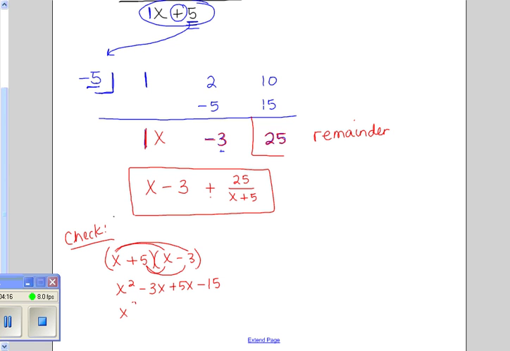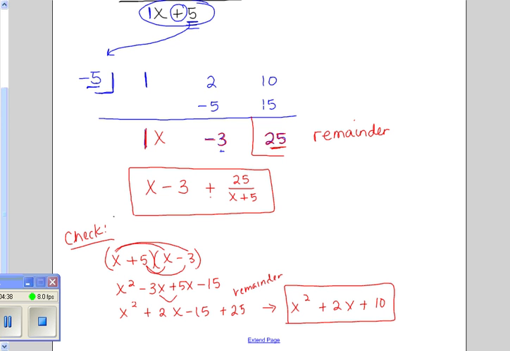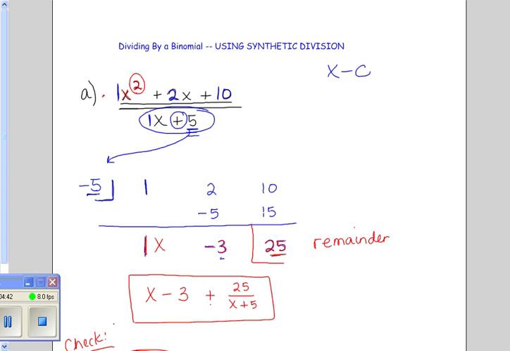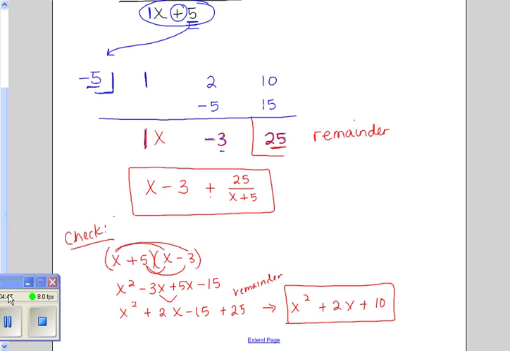So I would have x squared plus 2x minus 15. And then I have to take my remainder, which was 25, and add that back in. And so I get x squared plus 2x plus 10, which was the original polynomial that we divided in the problem. That's just a way to check; you can check it by multiplication.